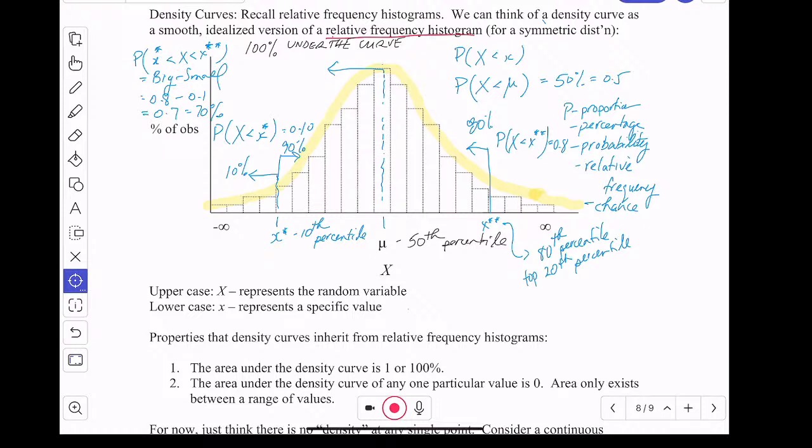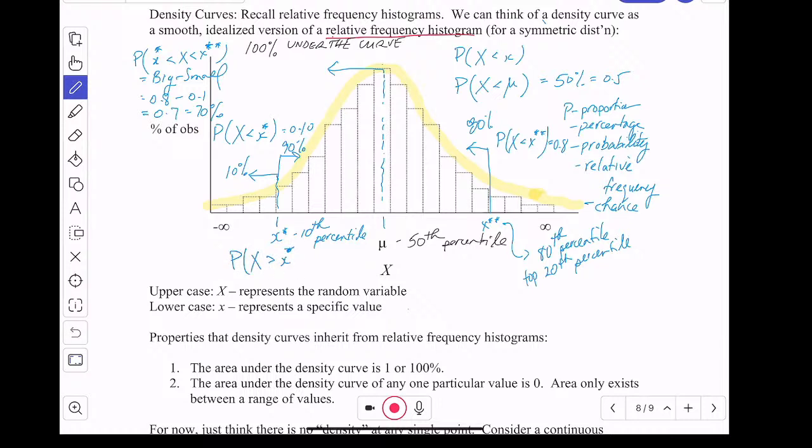If I want to, I can also write P(X greater than x star).